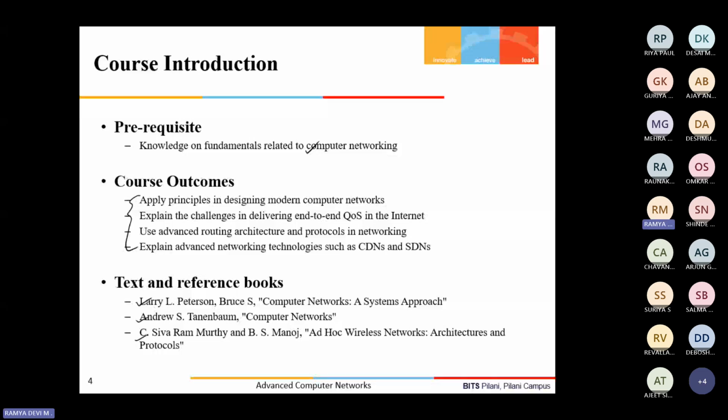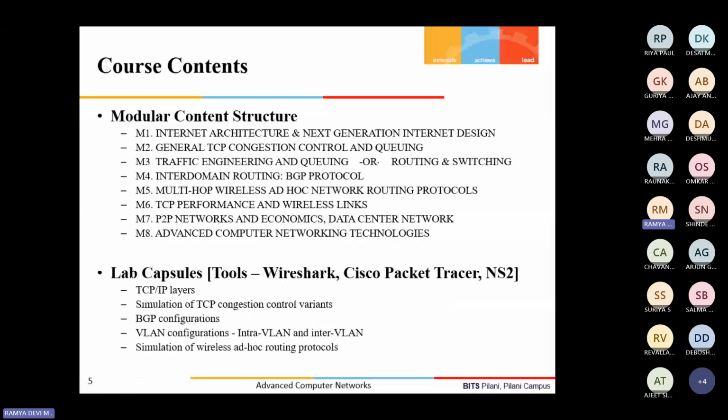These are your handouts. It has been divided into 8 modules, and it is a lab component course. We'll be running certain programs with the help of Wireshark, Cisco Packet Tracer, and NS2.